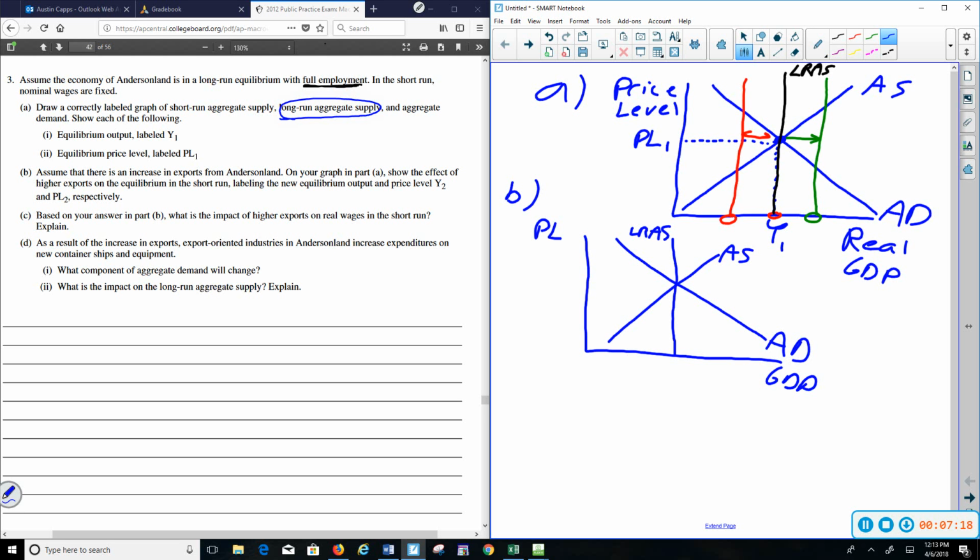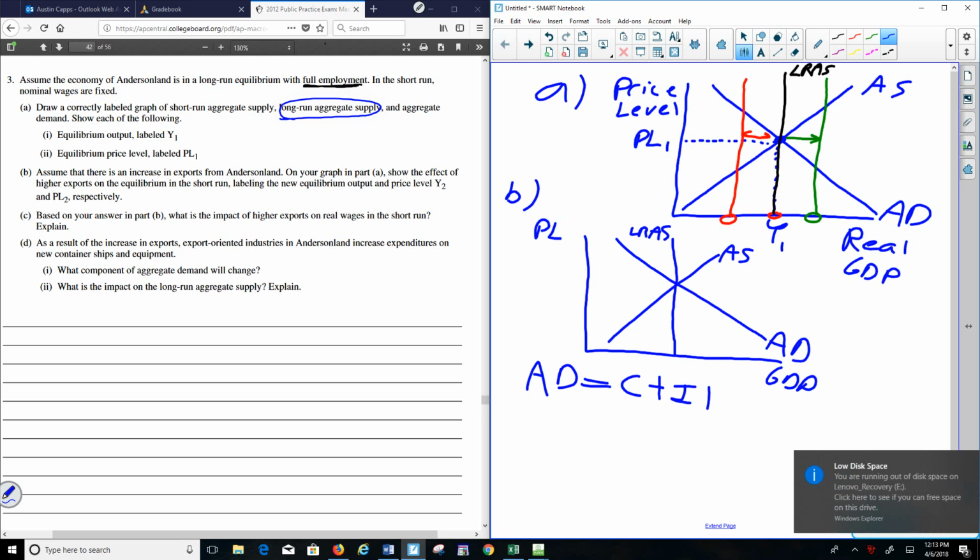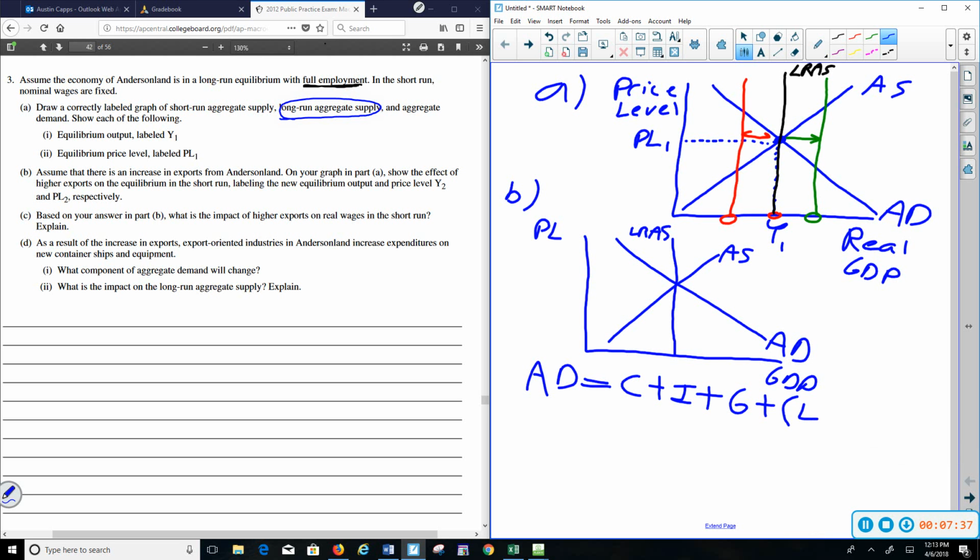So if exports increase, what's going to happen to this graph that we've got on the board? Well, remember, aggregate demand is equal to consumption plus investment plus government expenditures plus net exports, and net exports is equal to exports minus imports.